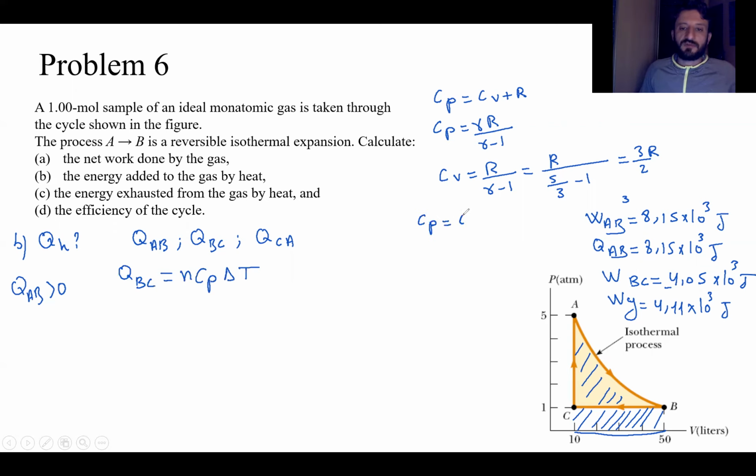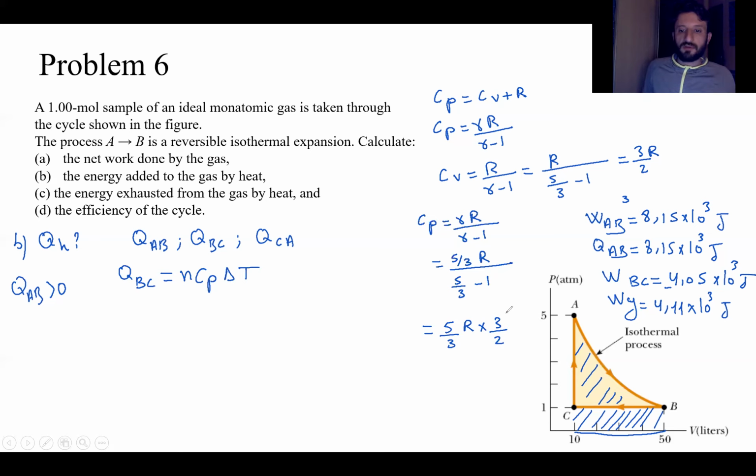You know CP equals gamma R divided by gamma minus 1, equals gamma 5 over 3 R divided by 5 over 3 minus 1. We can say here directly 5 over 3 R times 3 over 2.